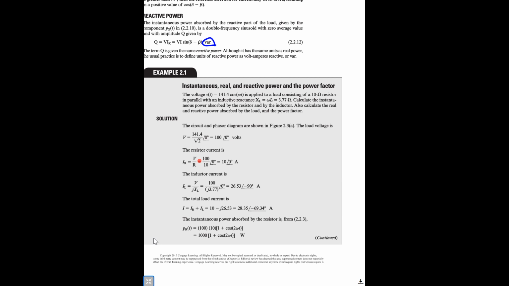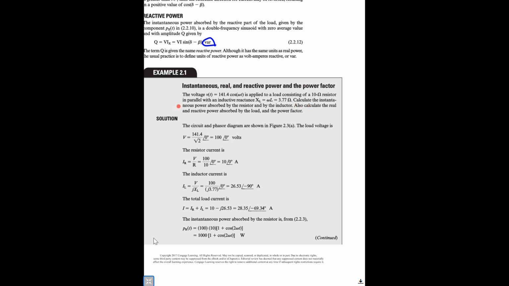Okay, I want to continue the lecture by example. Let's see here. The voltage v(t) equal 141.4 cos(omega t) is applied to a load consisting of a 10 ohm resistor in parallel with an inductive reactance XL equal omega L equal 3.77 ohm.